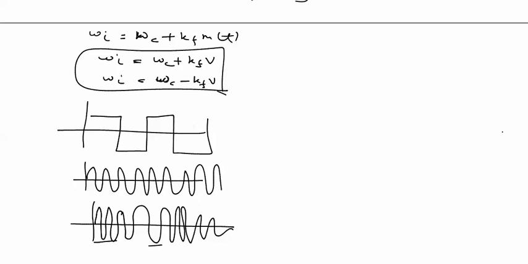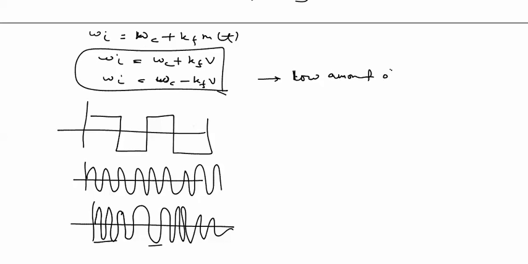In the first method, some advantage points are attached and some drawbacks too. The advantage of this method is that it has a very low amount of harmonic distortion as compared to the Armstrong method.